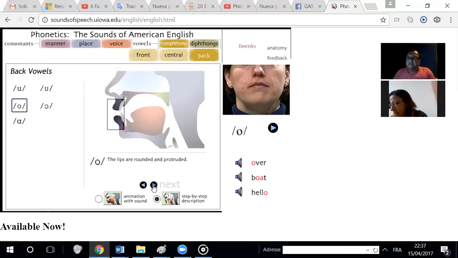Leap means to jump. But in this case, lip means your organ at the end of your mouth, the element. Okay. The lips are rounded.